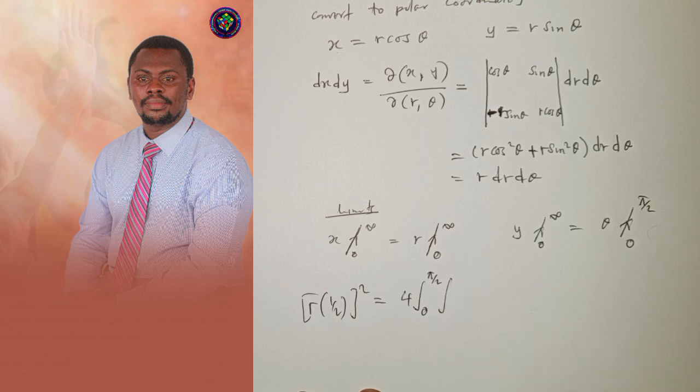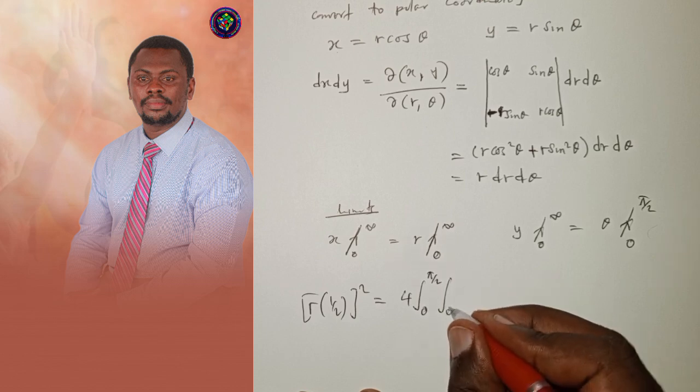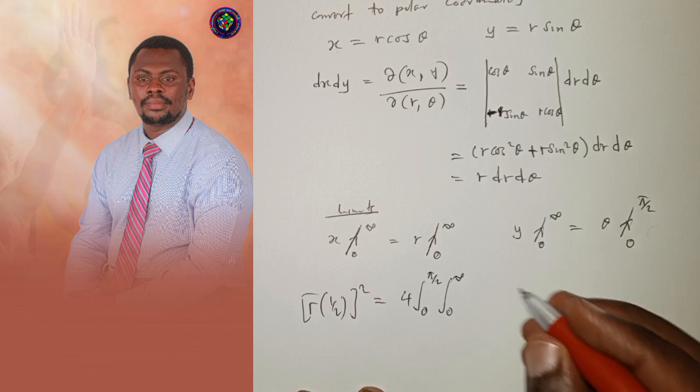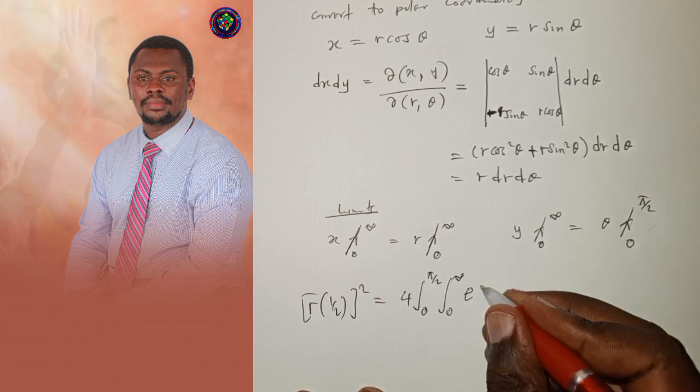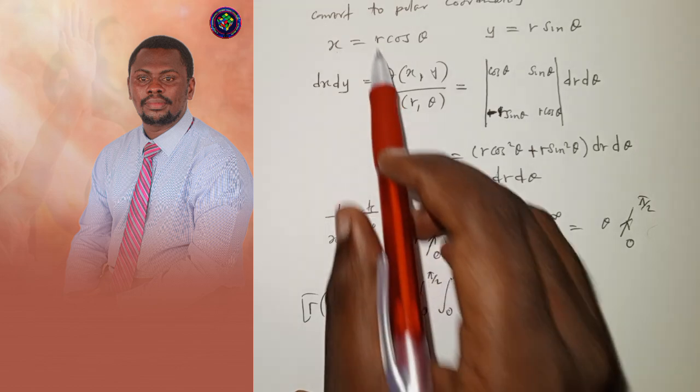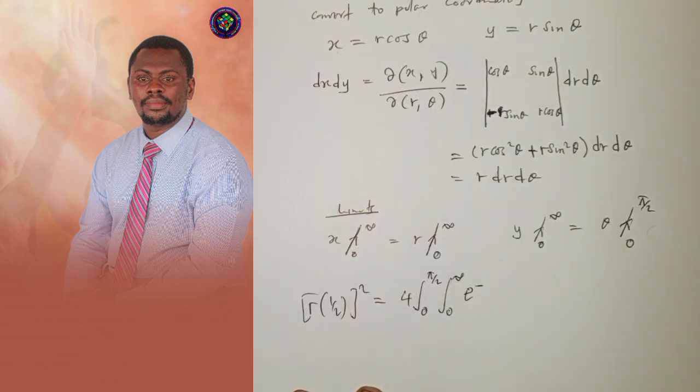Then for r, we are from 0 to infinity. Then we have its exponent of minus, where there is x squared plus y squared, we are putting r cos theta for x, then r sin theta for y.